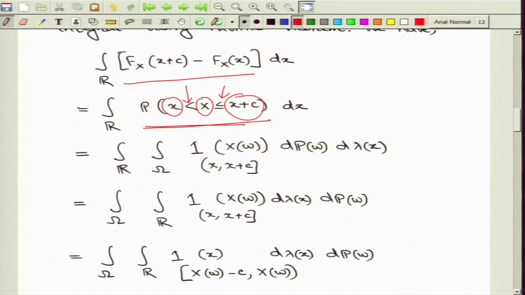But this probability can be rewritten in terms of an additional integration over the omega variable with respect to the underlying probability measure, and to do that we look at this indicator function. Here we just have to check whether the values of the random variable are inside this interval, small x to x plus c, small x excluded. If that happens, we write the value 1, otherwise we take the value 0.